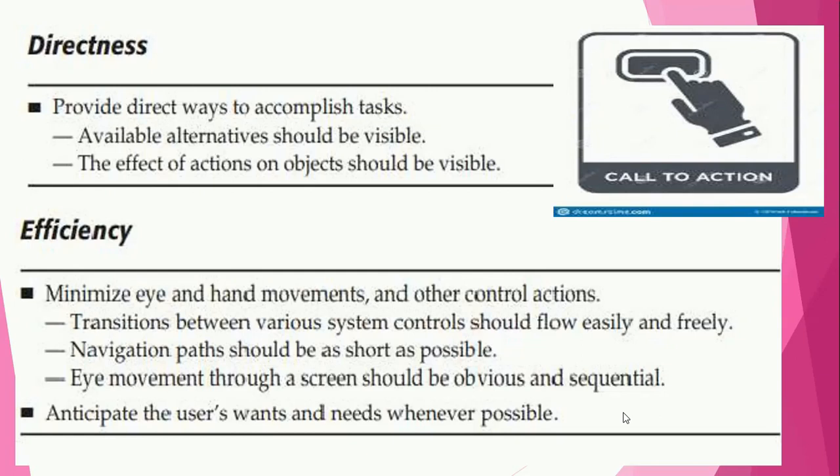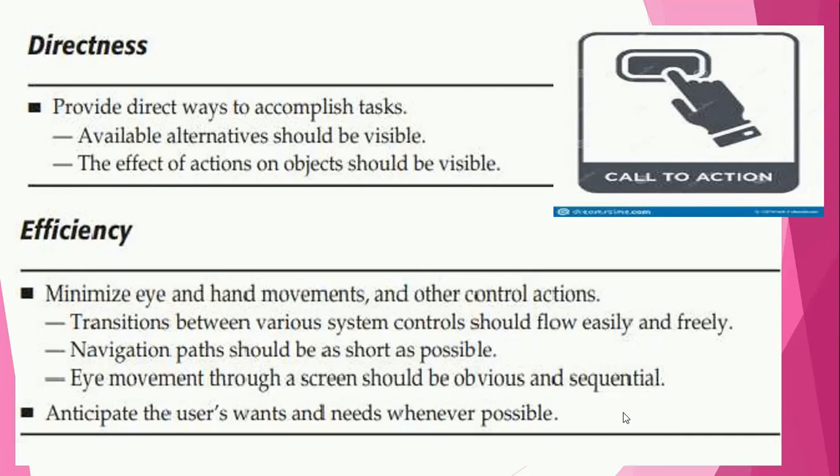So here, efficiency means that whenever a user uses a certain object present on the screen, he should be easily able to move the particular icons or objects on the screen. That means free flow should be there on the screen, and navigation paths should not be too long, they should be very short.